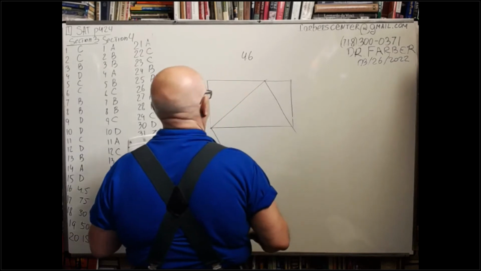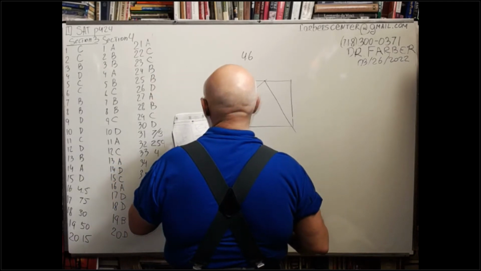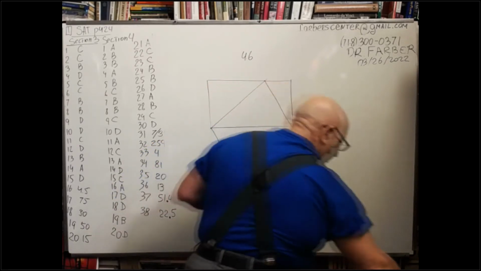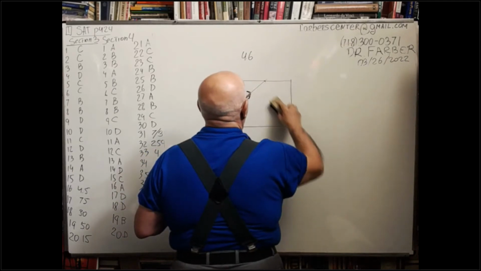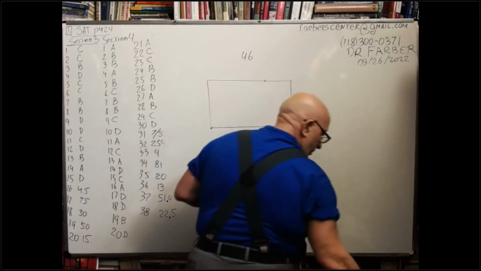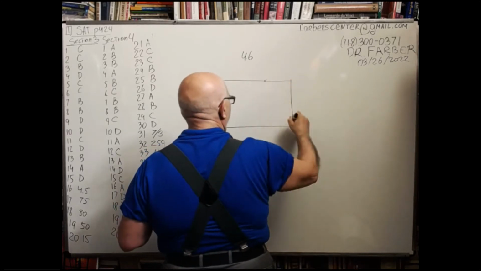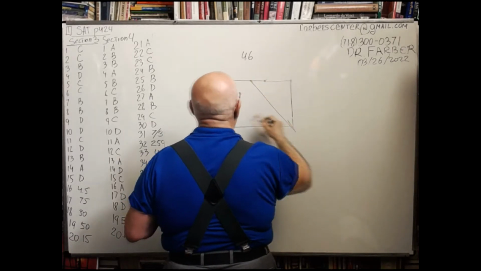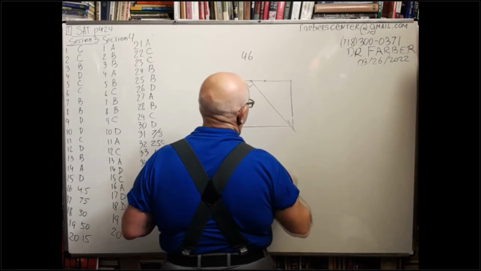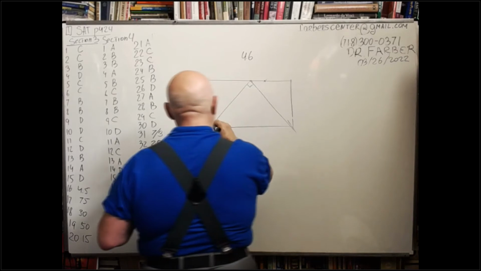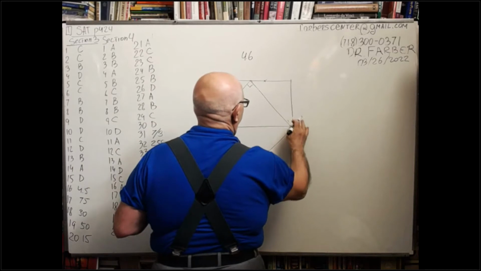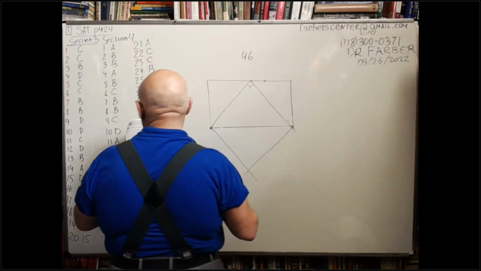Not to scale. Probably it's not the best picture because this is supposed to be a rectangle as well. Make some corrections. Okay, like this. Beta is closer to 90 degrees as well. Kind of like this.